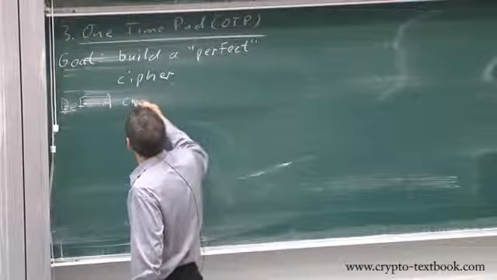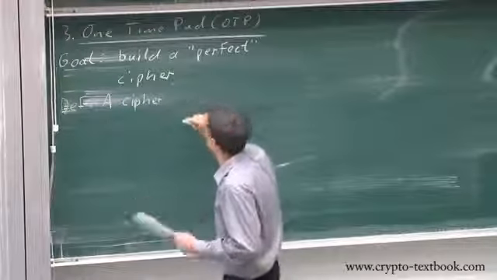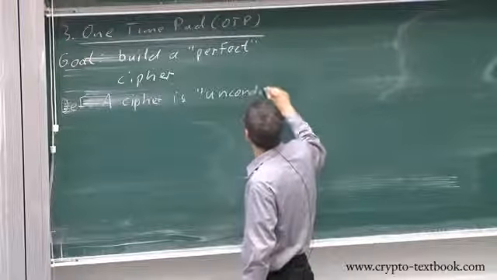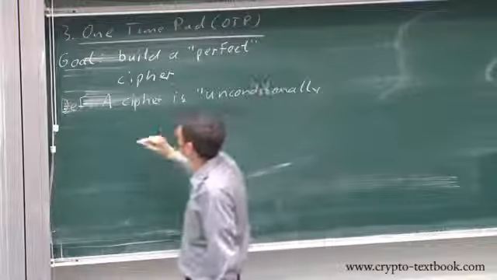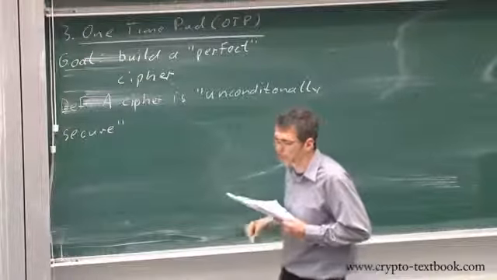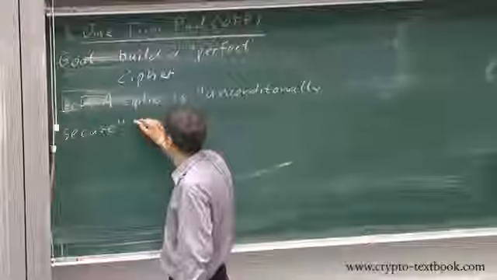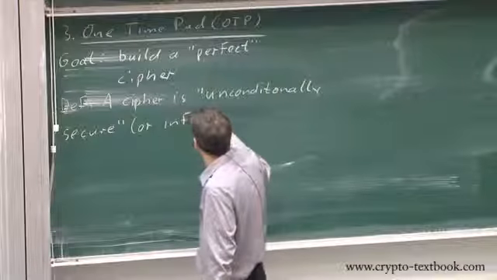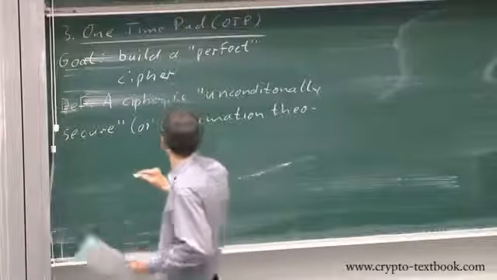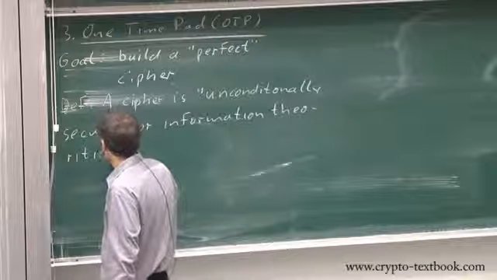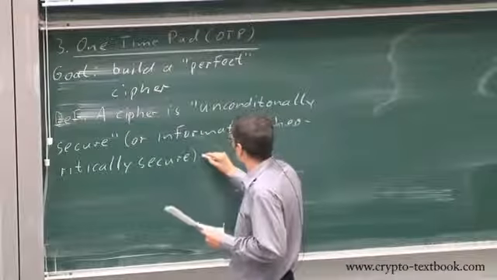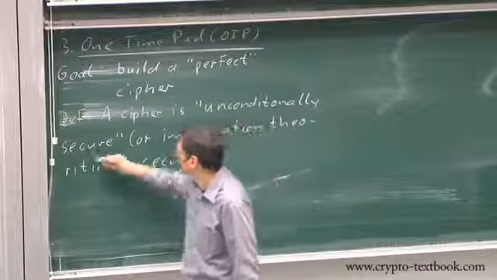A cipher is, in quotation marks, unconditionally secure, end of quotation marks, unconditionally secure, uneingeschränkt sicher, in Klammern, or information theoretically secure. That was in Klammern, in parentheses.